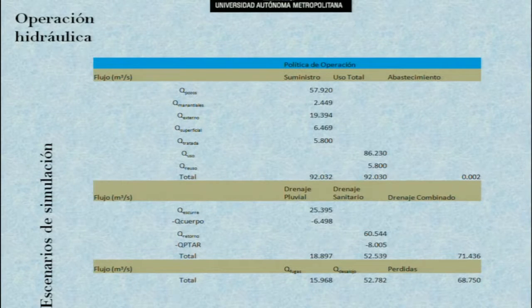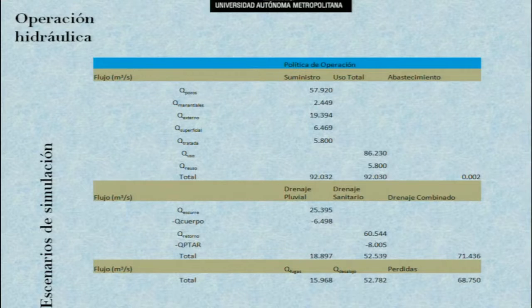All right. Here we are indicating all the flows we have subdivided into the supply and the total use. And we have here, you see that all the water supply, 92,032 cubic meters per second, everything is used up and the different uses. And we also have the amount that go to the drainage, the rainfall drainage, and the amount of sanitation drainage.